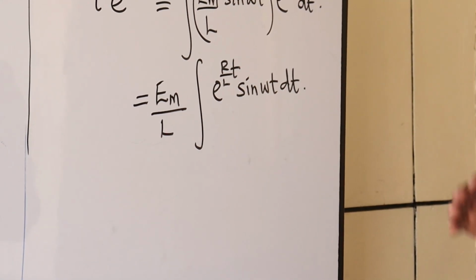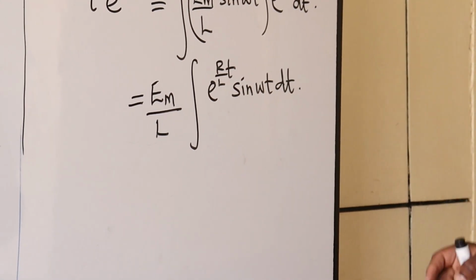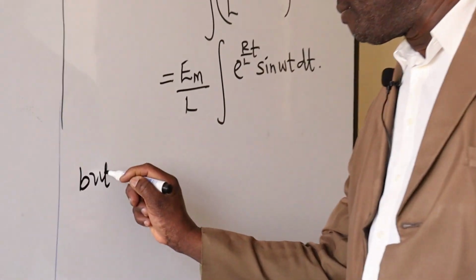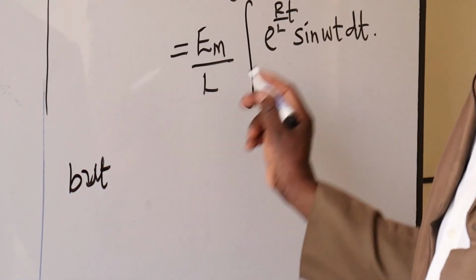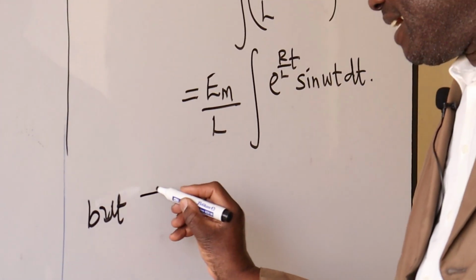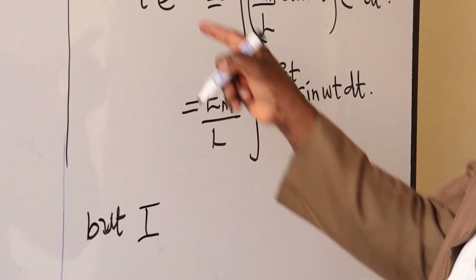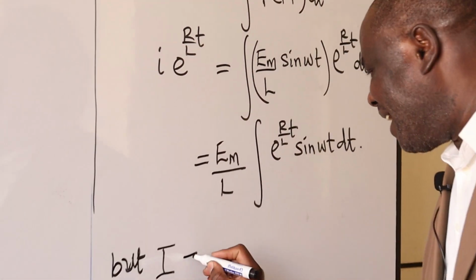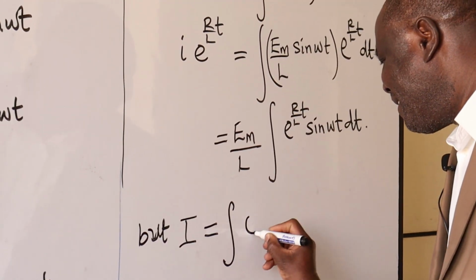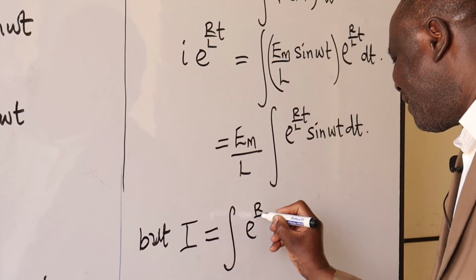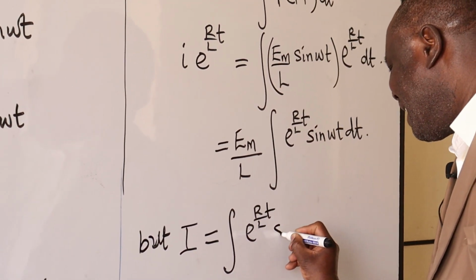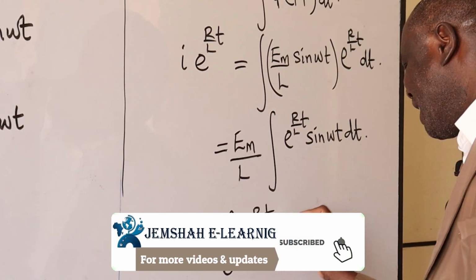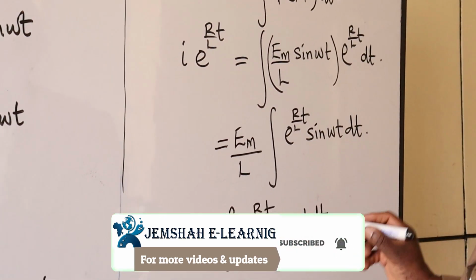We would like to know when we integrate that, what are we getting? But now, capital I is just an integral, not current. Our current is the small letter i. So I is equal to the integral of e to the power (R/L)t sine omega t dt. We are going to integrate this using integration by parts.